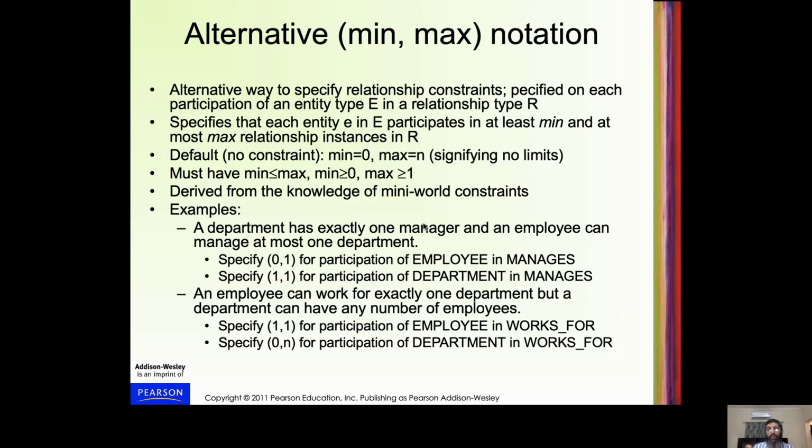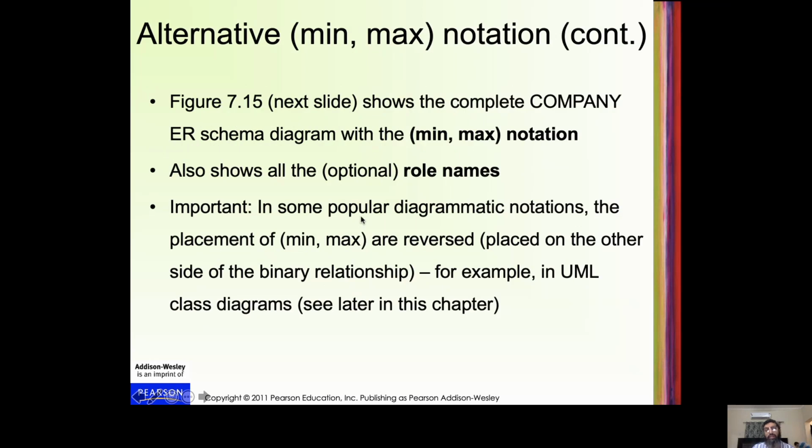In that alternate way of specifying relationship constraints, let's take an example entity E. Entity E participates in a relationship and there is a minimum number of instances that could be there, and on the other side a maximum number of relationship instances. We will look at examples on the next slide, how this alternative notation works.